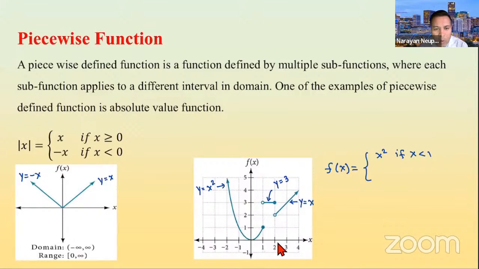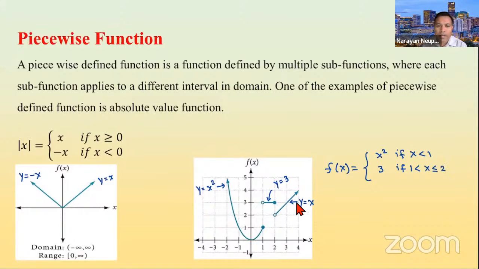And then between 1 and 2, it is 3. The value of the function is 3 if x is between 1 and 2. You can see 1 is not included because there is a hole, and 2 is included because there is a dot. So we write 1 less than x less than or equal to 2.